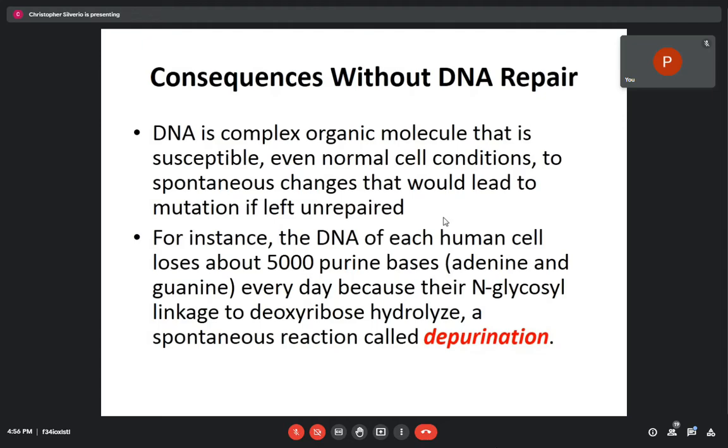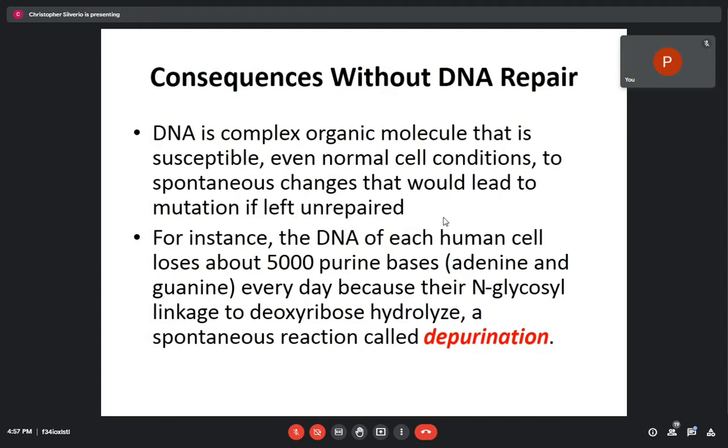During hydrolysis, this spontaneous reaction will result in what is known as depurination. In other words, this is the removal of purine in the nucleotide. Just imagine if the purine bases are removed in the nucleotide. It is not anymore a DNA.